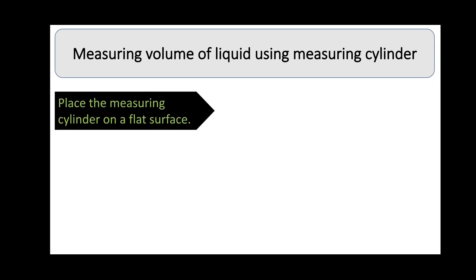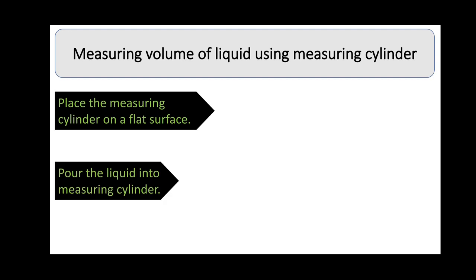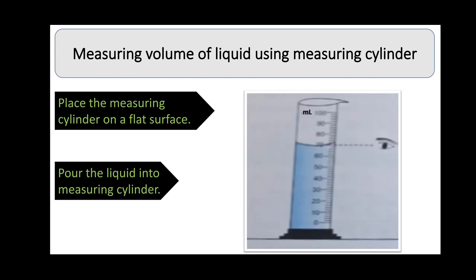For that, we have to place the measuring cylinder on a flat surface. Then pour the given liquid into the measuring cylinder gently so that no liquid splashes out of the cylinder. Wait for some time till the liquid becomes stationary.